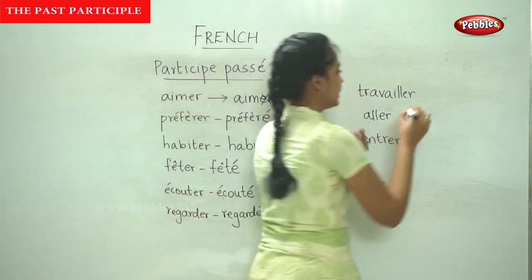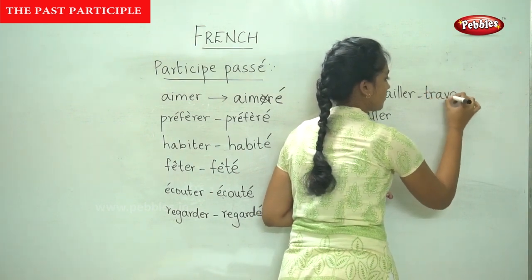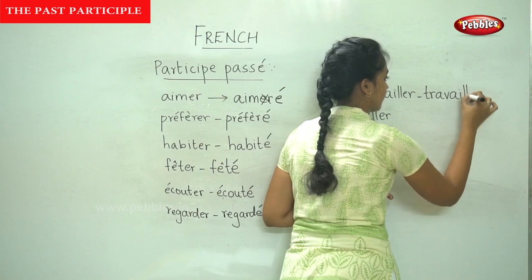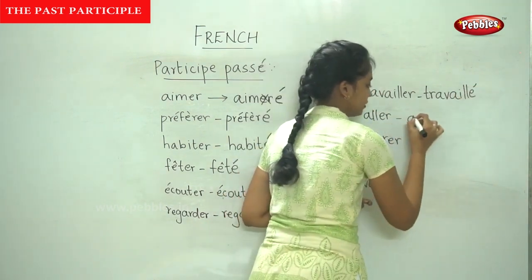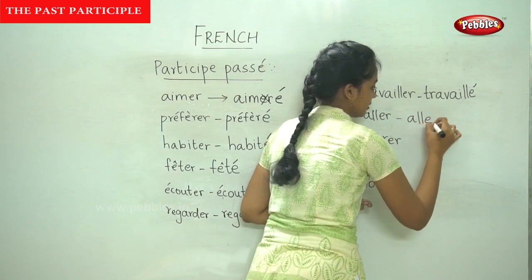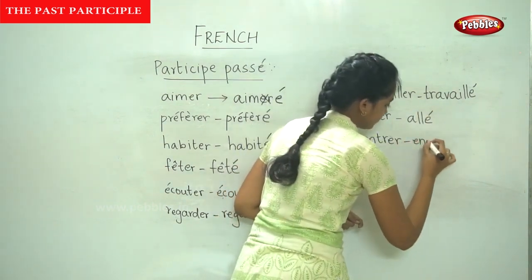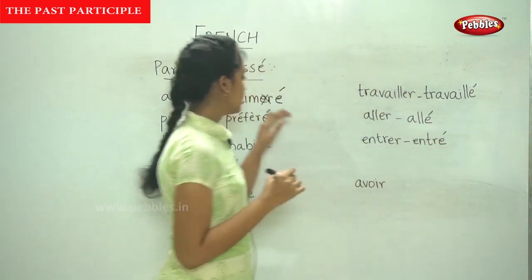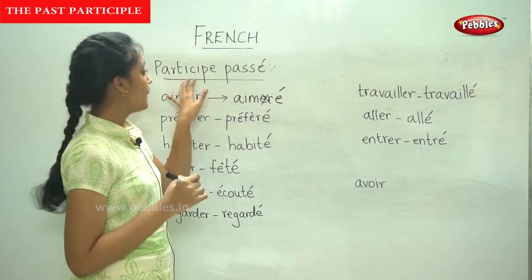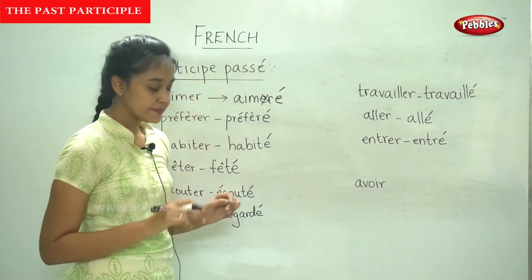Now the next, travailler. Aller, entrer. So this is how we write the past participle of these ER verbs.